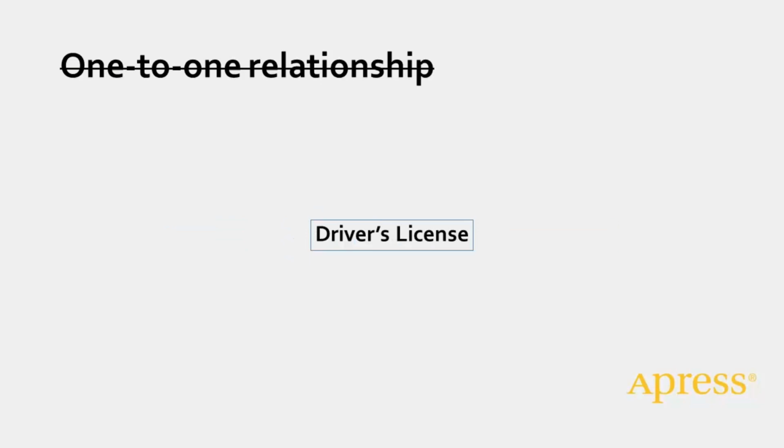Instead of having both a driver and a license entity, the state could have a license entity class and let each associated driver's name and other information be attributes of the license entity class. The same is true for the Social Security number and citizen. The facts about a citizen could be attributes of the entity for the citizen's Social Security number.